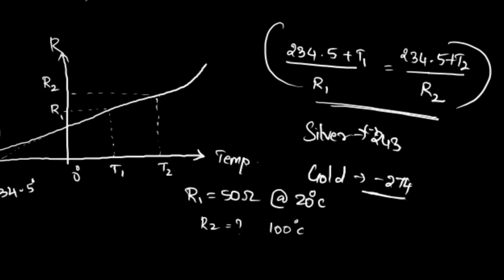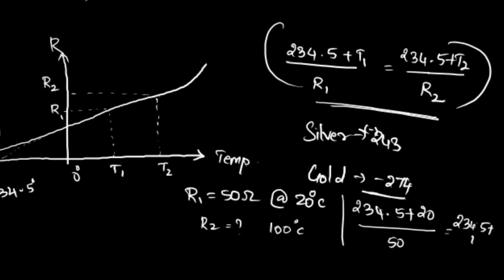Now let's quickly solve this. (234.5 plus 20) divided by 50 is equal to (234.5 plus 100) divided by R2. On solving this, we will get R2 is equal to 65.72 ohm.